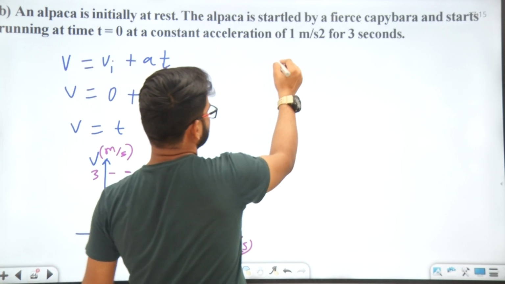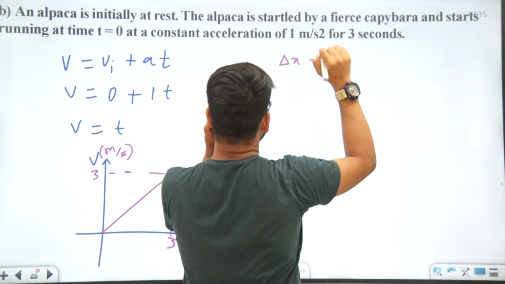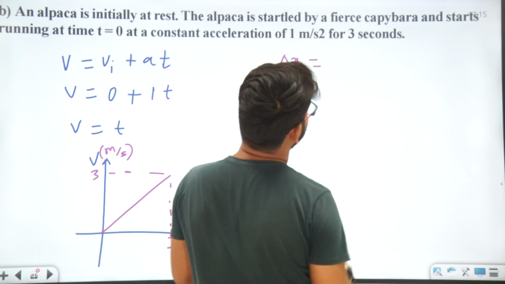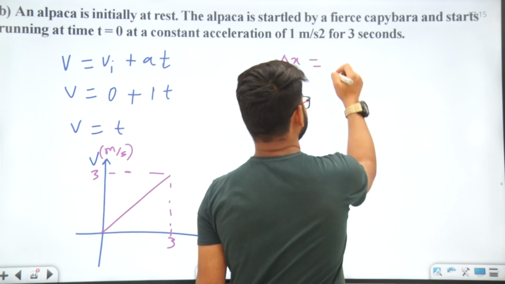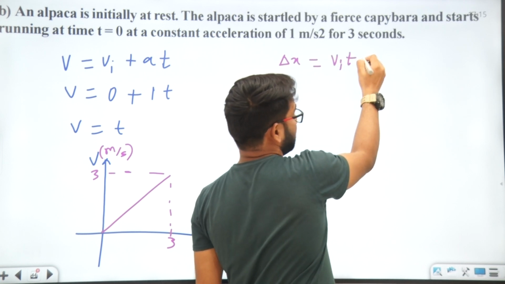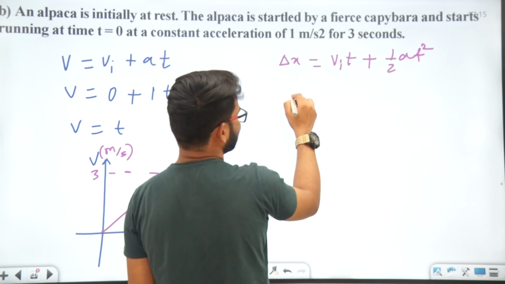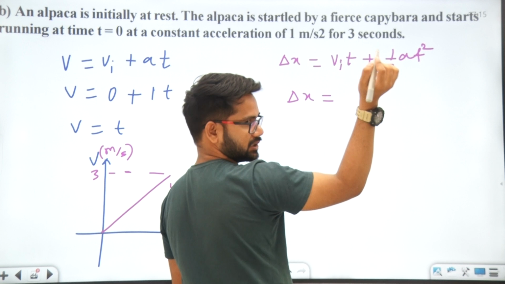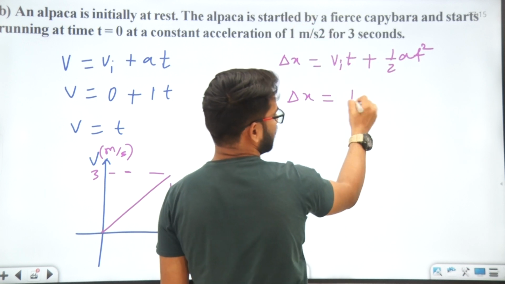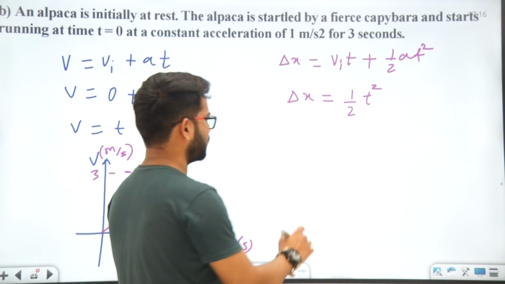If you go for the position-time graph, delta x we can write as vi t plus half a t square, right? Initially at rest, so vi is 0, and delta x is half t square. So it's an upward parabola, right?